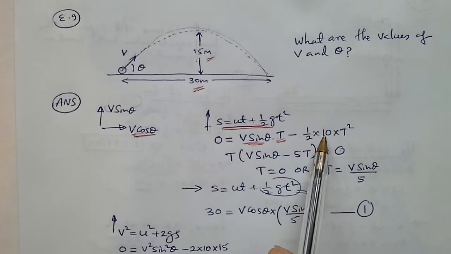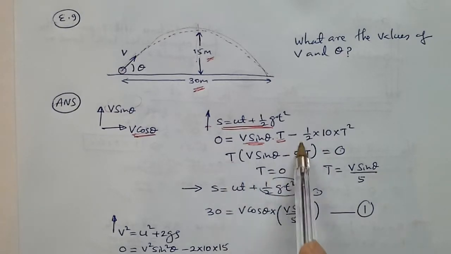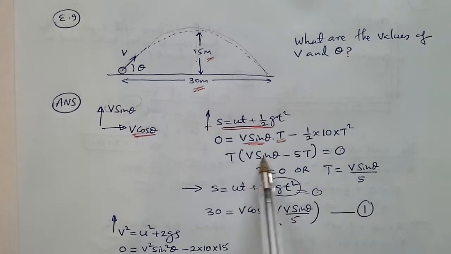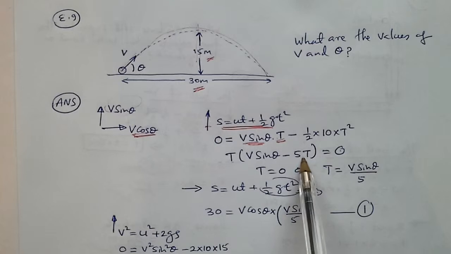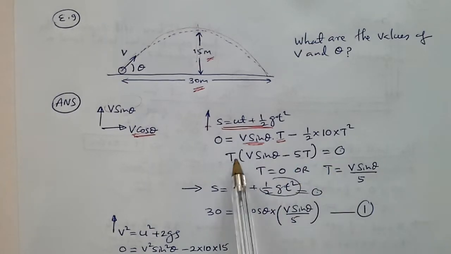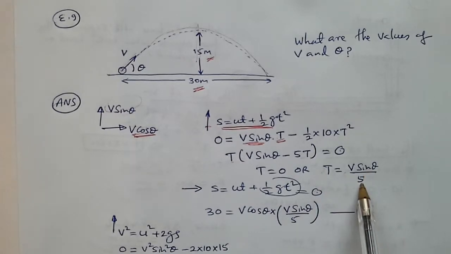From here I can take T as a common factor. I'll get T times (v sin theta minus 5T) equal to 0. So I can say T equals 0 or T equals v sin theta by 5. So these are the two possible answers for the time taken for the complete journey.